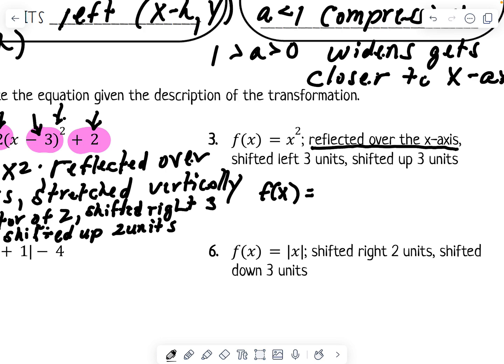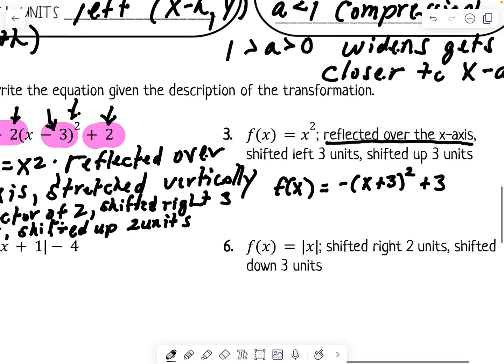Okay, so it just means that my x is going to be negative. Wonderful, because it reflected. Then it shifted to the left 3 units. Well, the left would be negative, but remember, in my vertex form, I have to change the sign. Then I'm going to put my x squared. Wonderful. And then I shifted up 3 units.